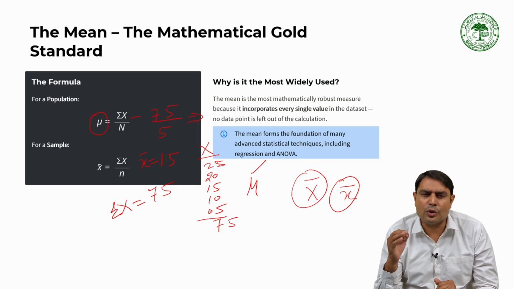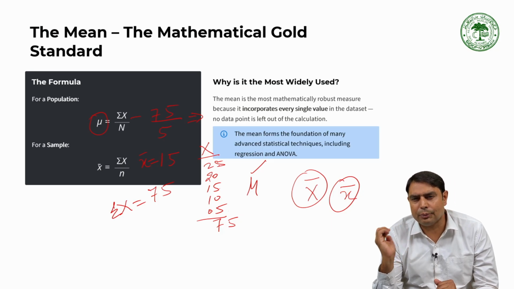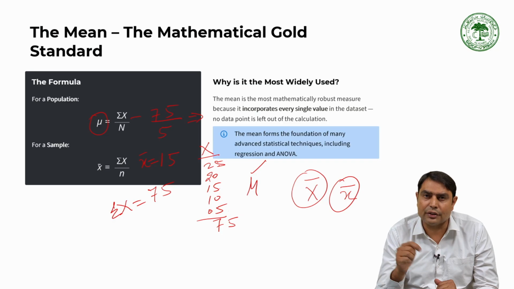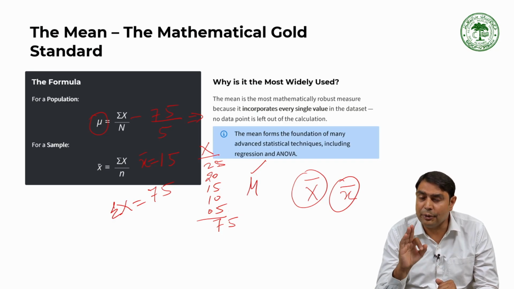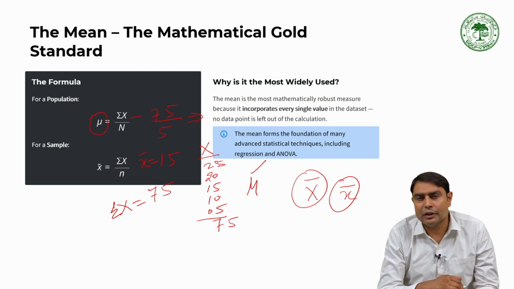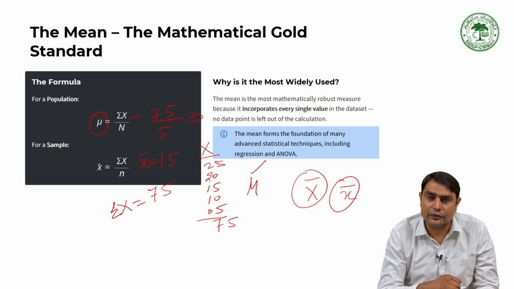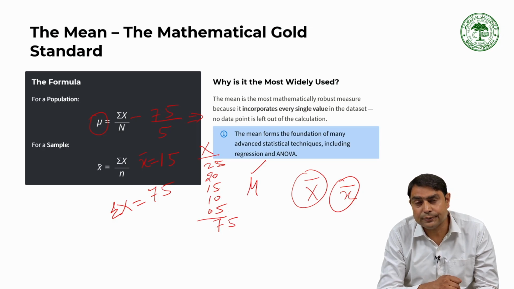The reason it is so widely used is that it includes all data points in a calculation, nothing is ignored. Because of that, the mean becomes the basis of many advanced techniques such as testing, such as t-test, z-test, predictive analytics like regression, and other analytics like ANOVA, where we are having more than 2 samples.